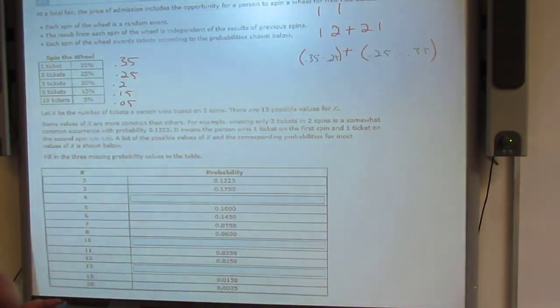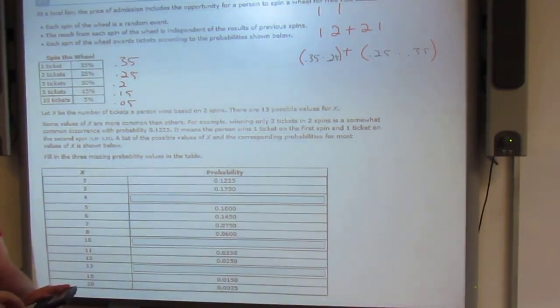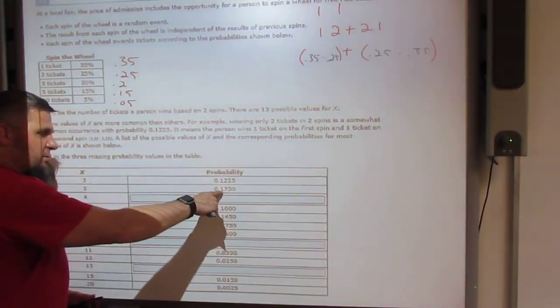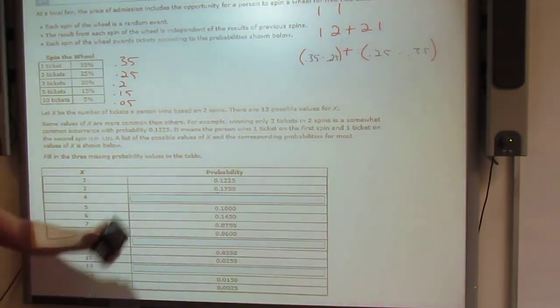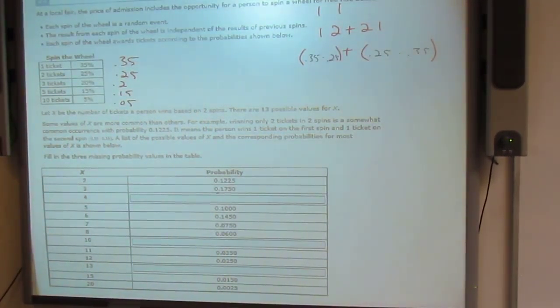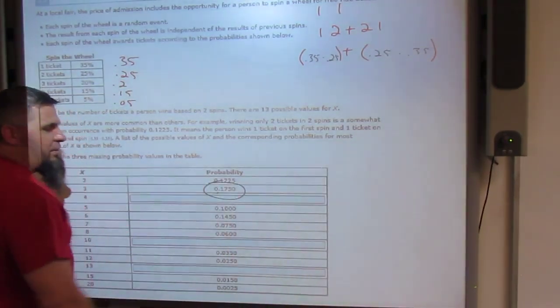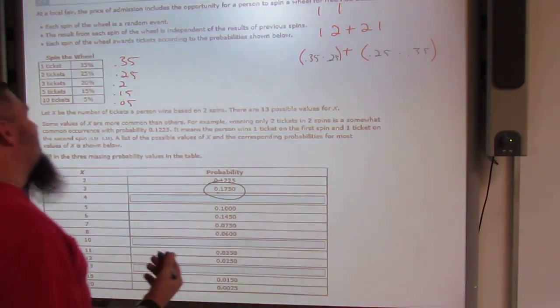When I do that, 0.25 times 0.35 is 0.0875. That's not 0.175, is it? Because I only did it one time. I didn't add it. So when I multiply that times 2, I get 0.175, and that's how you get that number. So using the numbers they give you can be really important for finding the other numbers. So now finding 4 isn't that hard.